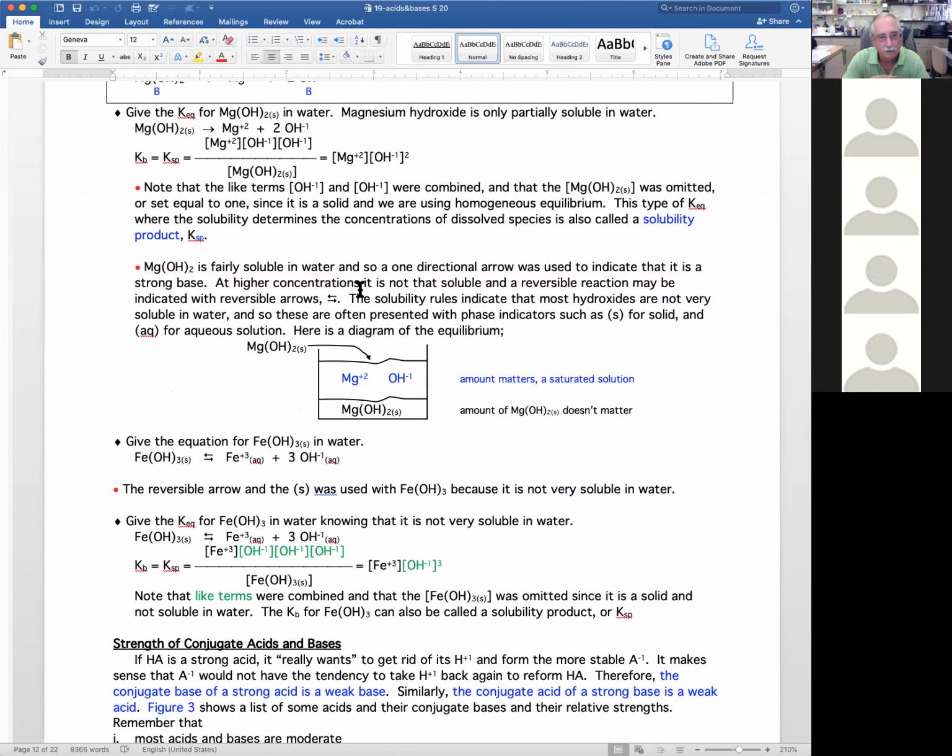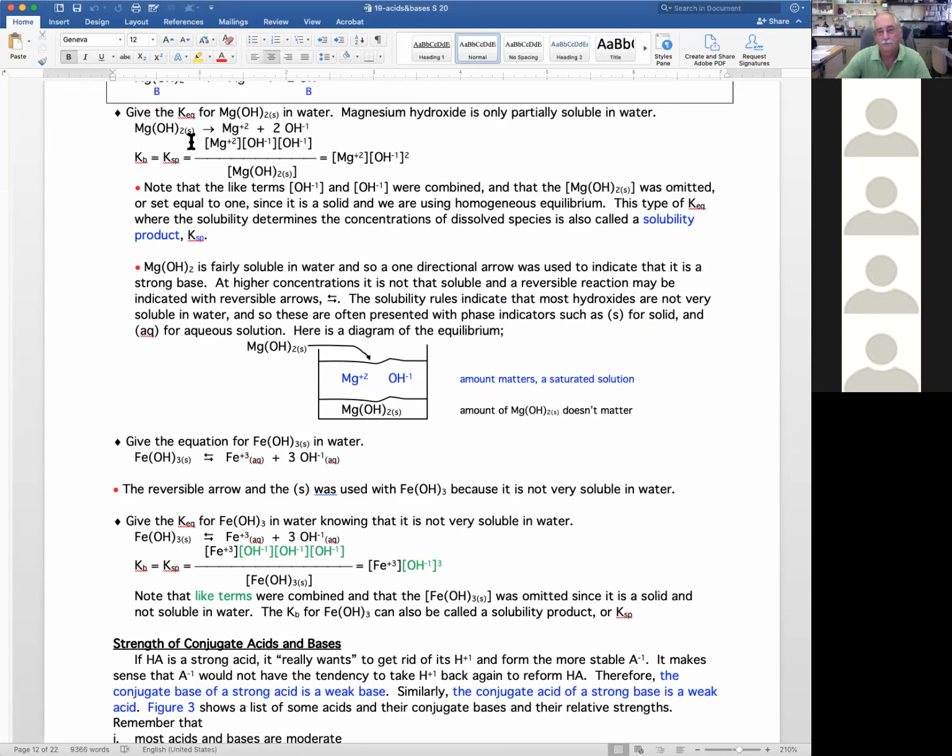So this next one, give the equilibrium constant for magnesium hydroxide in water. Magnesium hydroxide is only partially soluble in water. So here's the reaction. Notice that I don't have water here because it already has hydroxide in it. And I put the solid form there.